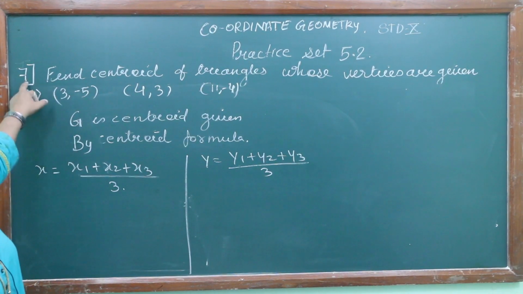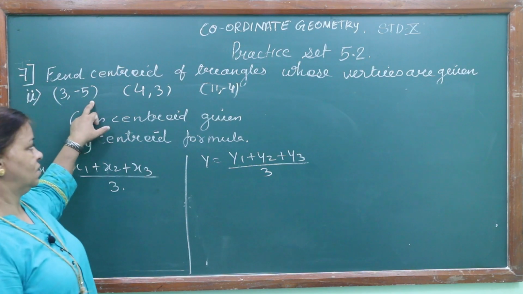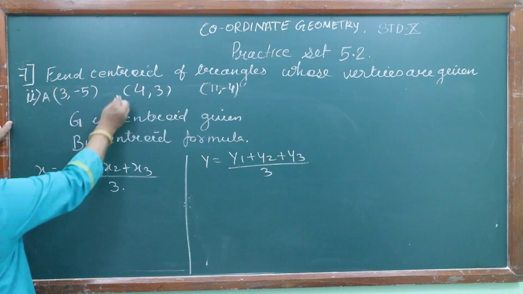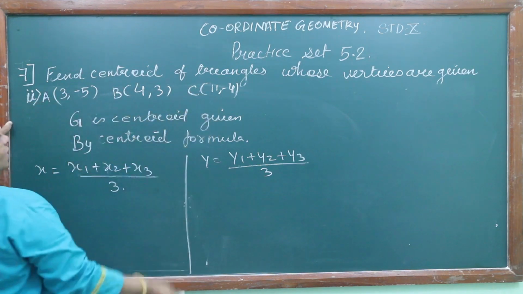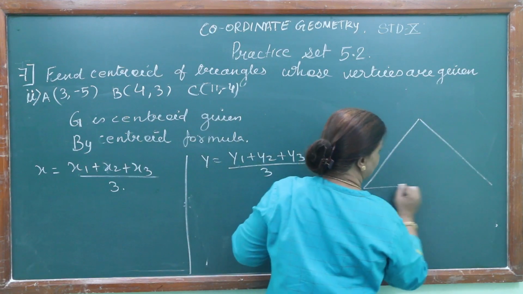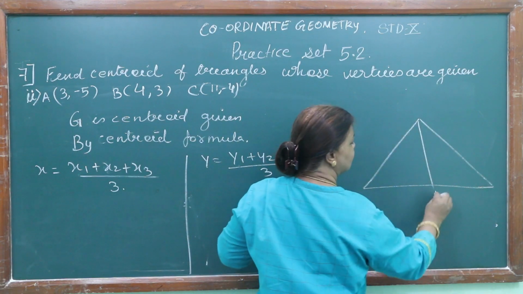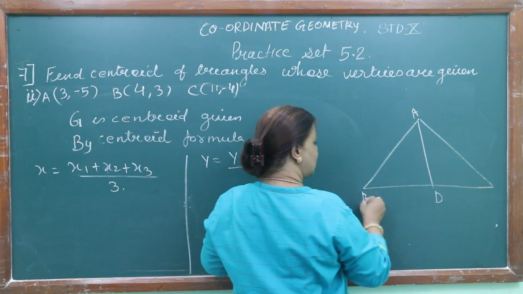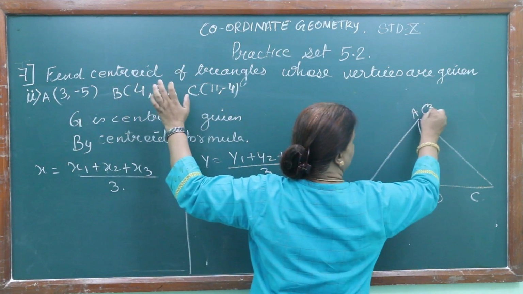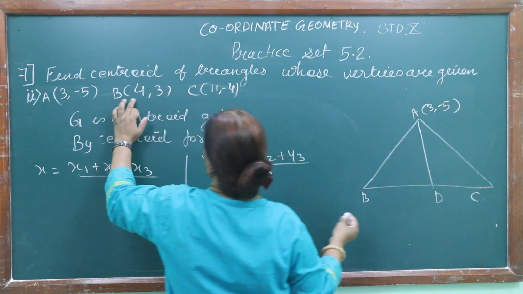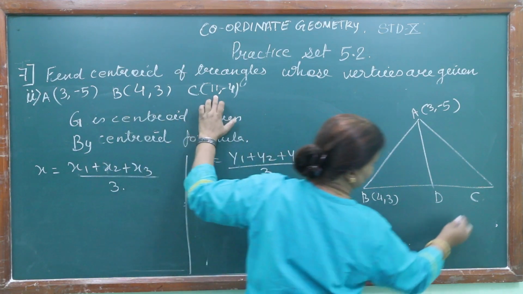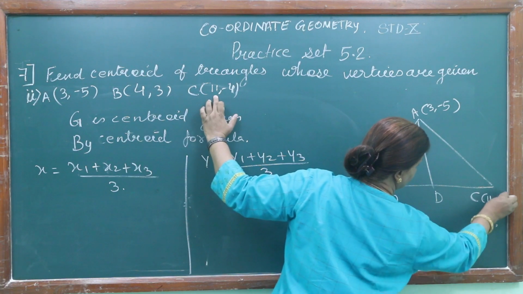Sub question 2 of 7th, points are given, let them be A, B and C. Let me draw the triangle, children. We need to find out the centroid of the triangle. And AD is the median, this is B and this is C. So A is (3, -5) and B is (4, 3) and C is (11, -4).